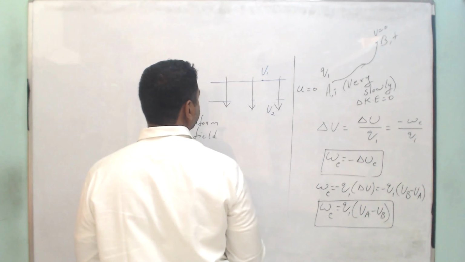Now I will mention if I'm talking of an electrostatic field or a gravitational field. If it is an electrostatic field, and I place a point test charge plus Q over here, will the test charge fall down or go up?